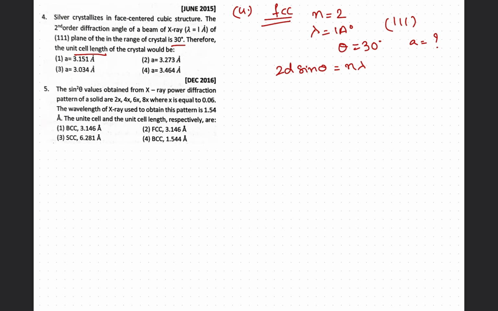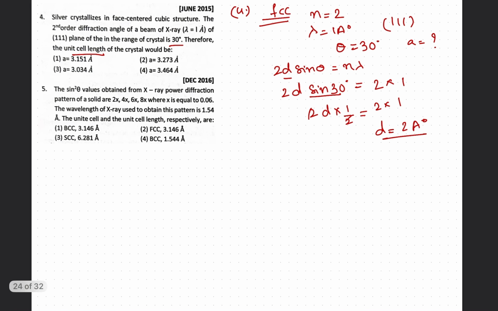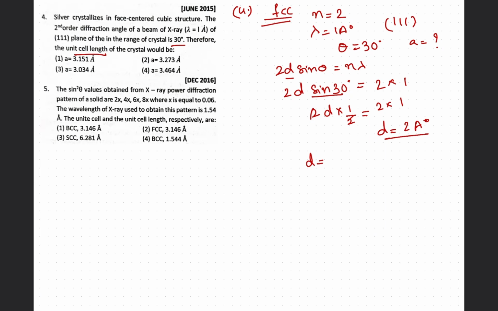From here we evaluate d: 2d sin 30, n is 2, lambda is 1, sin 30 is 1 by 2, so 2d times 1 by 2 equals 2 into 1, so d you will get is 2 Angstrom, right? We know that d is a upon root of h square plus k square plus l square.